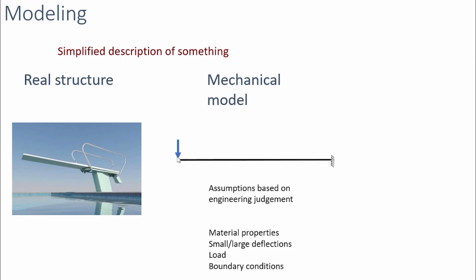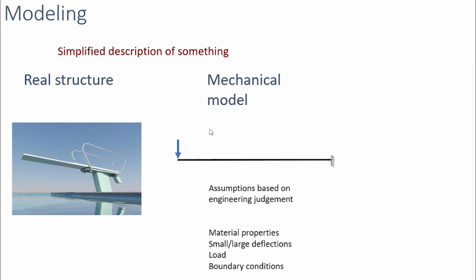In reality, this force is not concentrated because the weight of the person will be distributed over the area of his feet. But with respect to the dimension of the structure, that dimension is very small, so we can treat this as a concentrated load. So we can make some assumptions based on our engineering judgment, and we can simplify this structure in a way which we can handle using our mechanical principles.